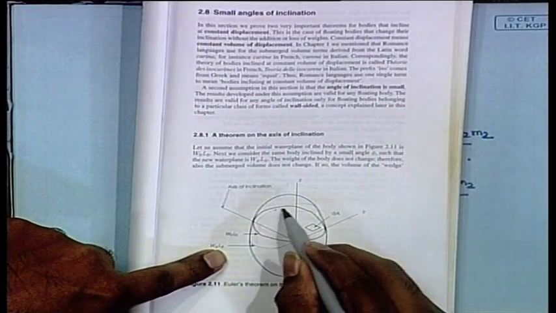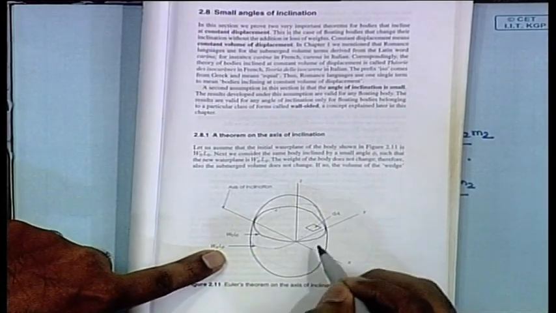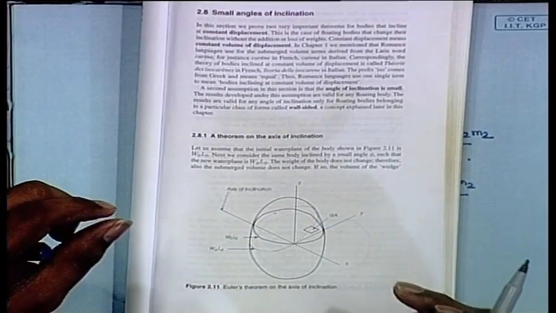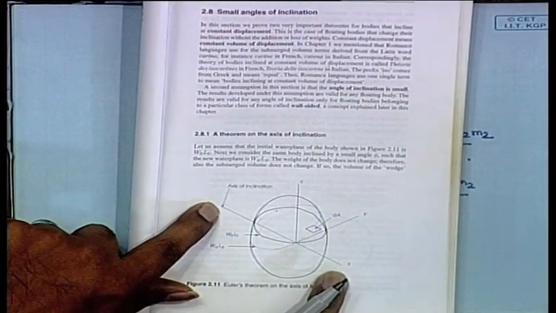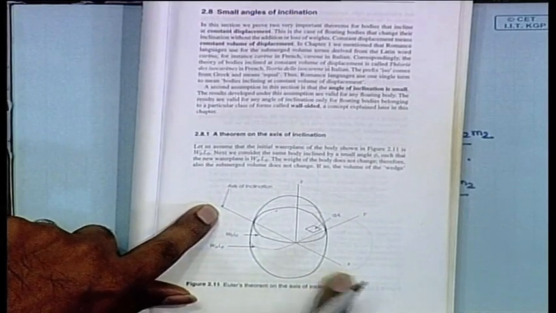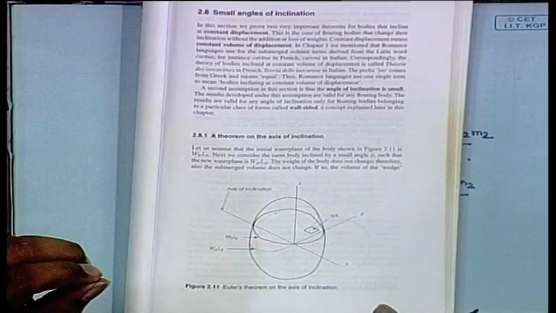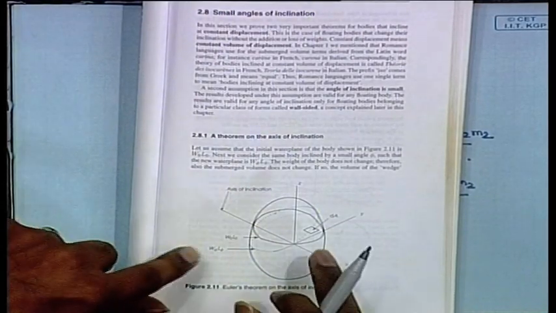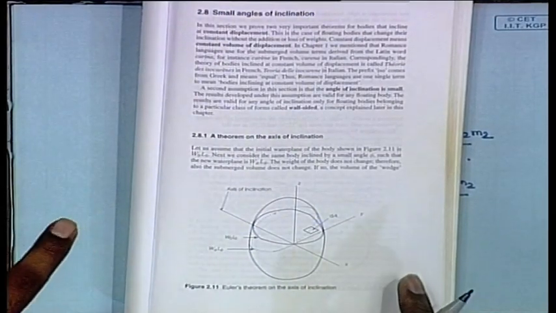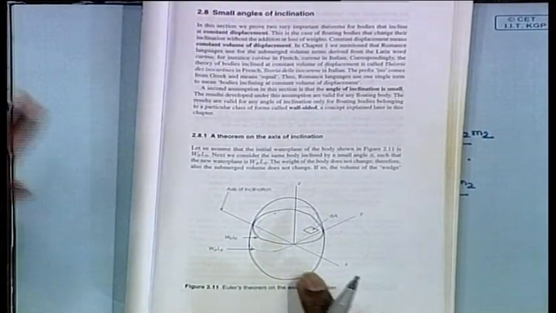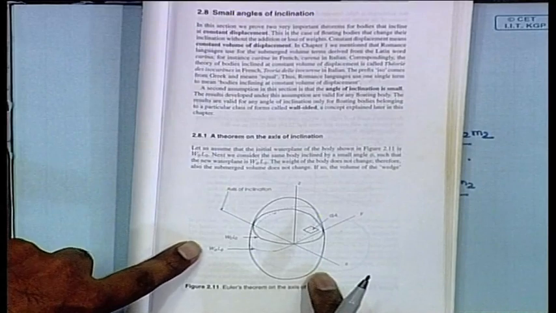This is the water line, okay, and what has happened is that with this line x prime as the axis of inclination, you are tilting the body a little, not much, just like we have studied in the previous figures, where we saw some inclinations. The same heeling is happening here.